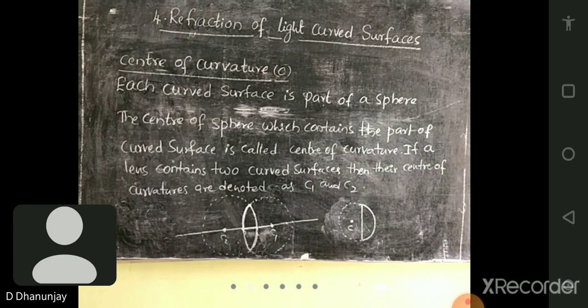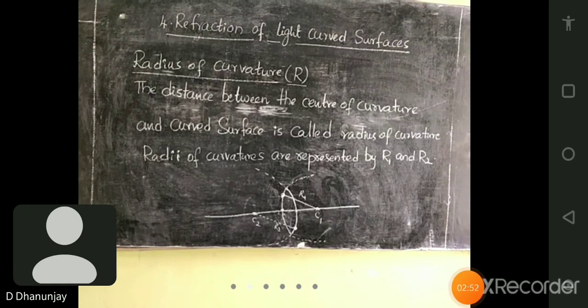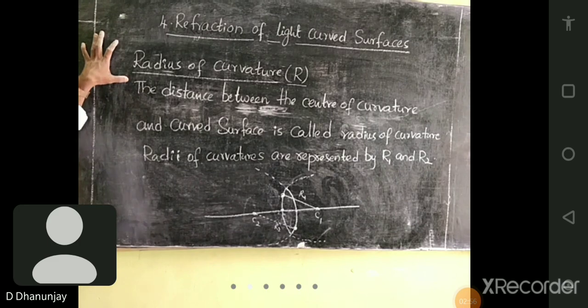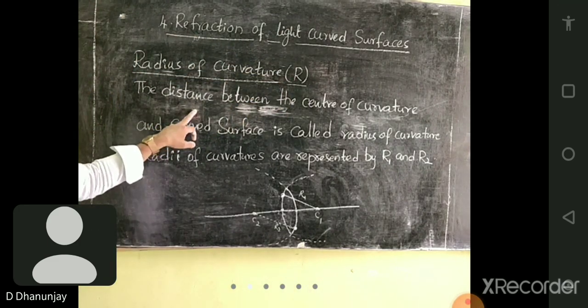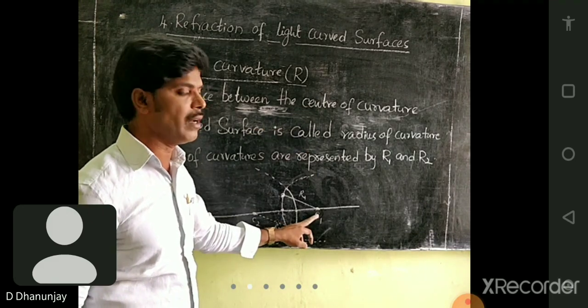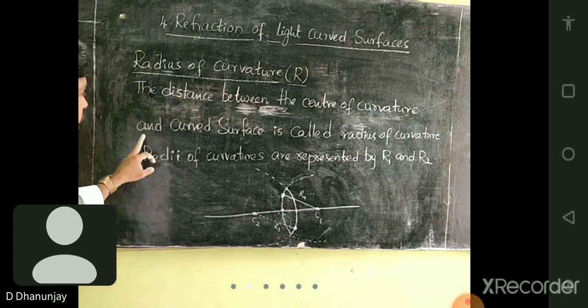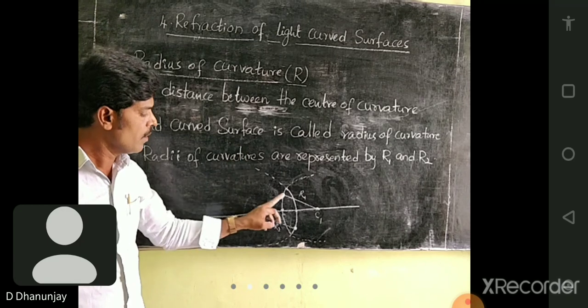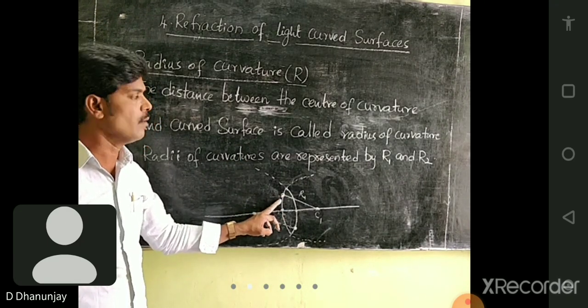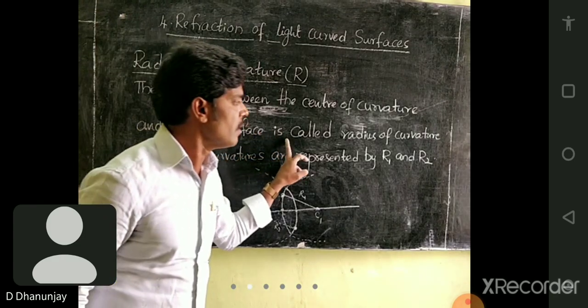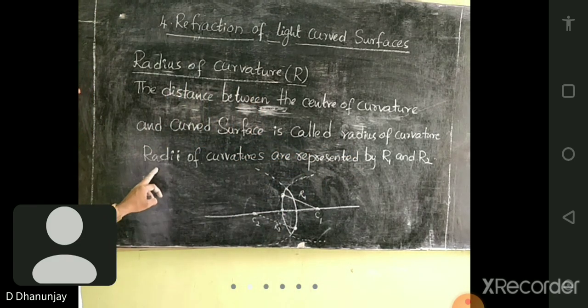Next, radius of curvature. Here we understand the distance between the center of curvature and any point on the curved surface is called radius of curvature.